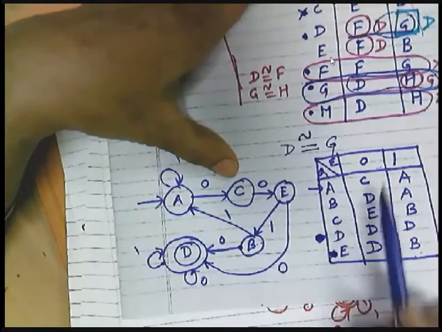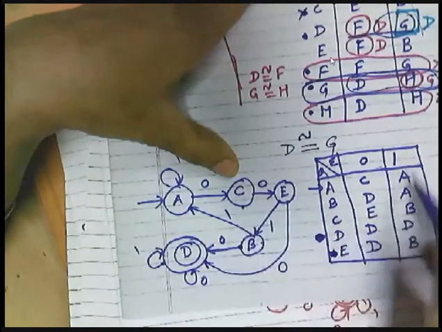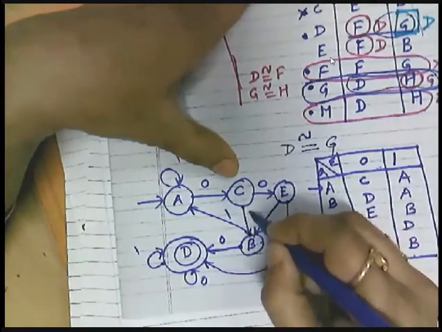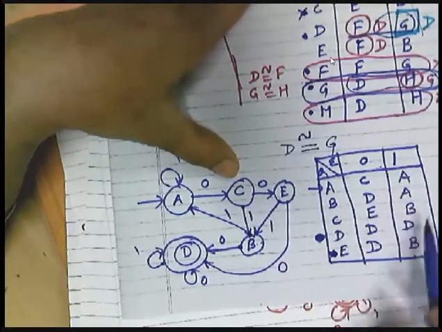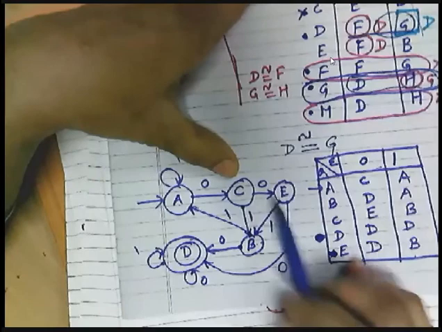C on 0 moves to E and C on 1 moves to B. So this was remaining. So C on 1 moves to B, then D to itself.